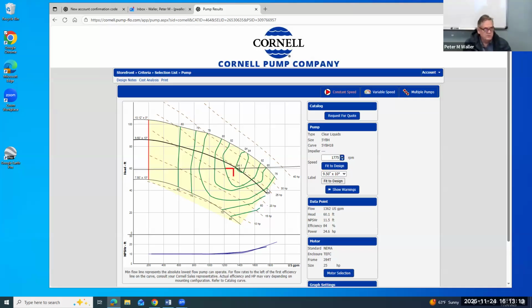Well, if you're sure the pump would never be operated at that point, basically with no pressure against it, then you could buy that motor. But if you think that sometimes you're going above that motor and you'll be up in here, if it ever operates there, it's going to burn up the motor. So you can never have your pump curve, at a point where you think you'll actually be operating, be above the horsepower curve.